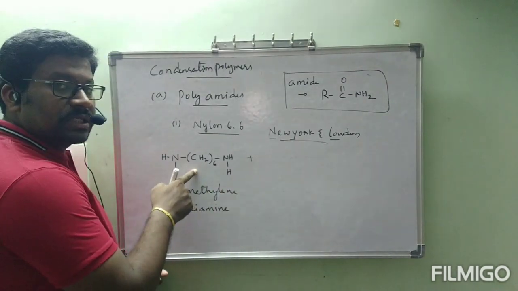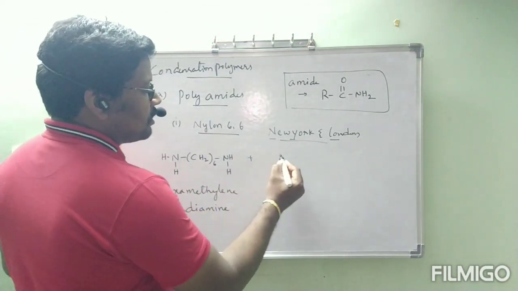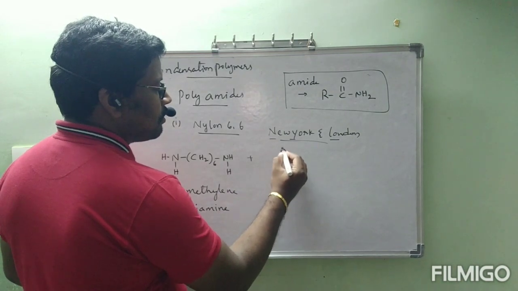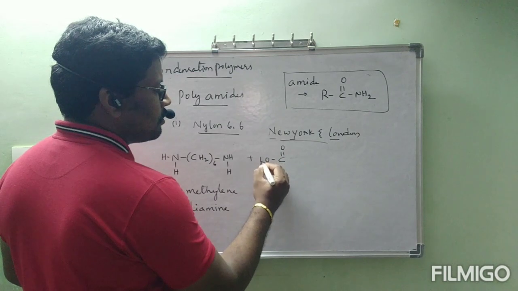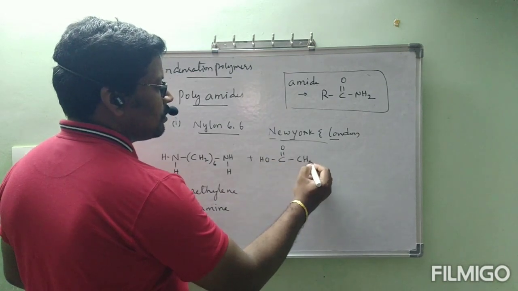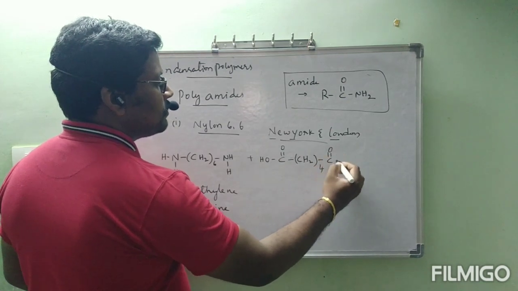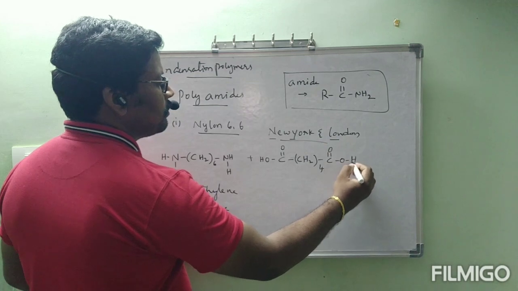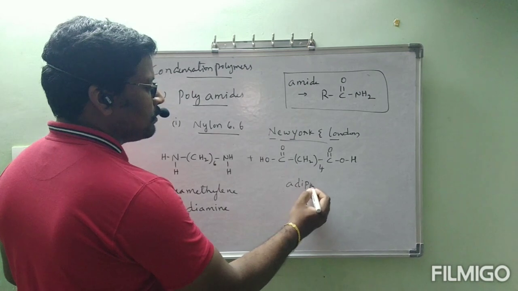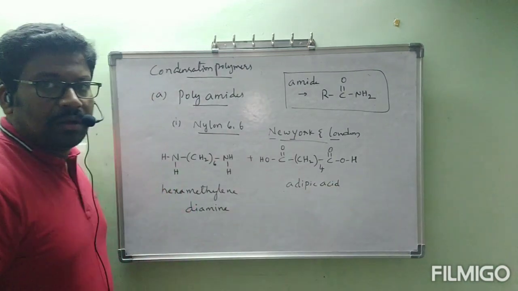How many carbons are there in this monomer? 6 carbons. Next, another monomer: C double bond O OH, CH2 4, C double bond O OH. The name of this one is adipic acid. This is the common name.